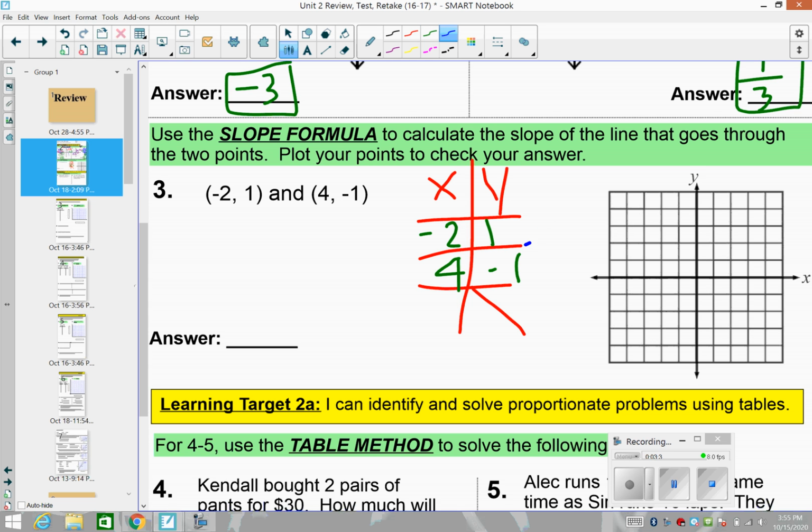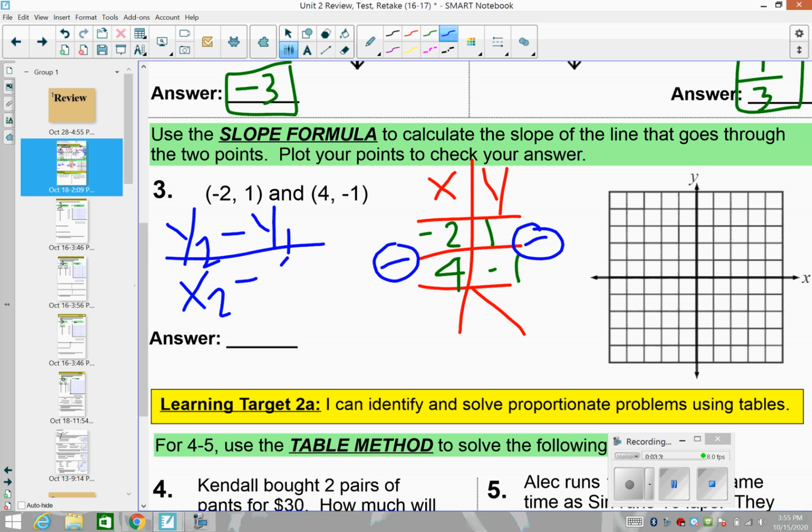The operation is to find the change in the y's and the change in the x's. So where I'm getting that is that y2 minus y1 over x2 minus x1. I'm just organizing it in a table, but still doing y2 minus y1 divided by x2 minus x1. As we subtract the right side, we have 1 minus -1 is +2. Watch your sign there.